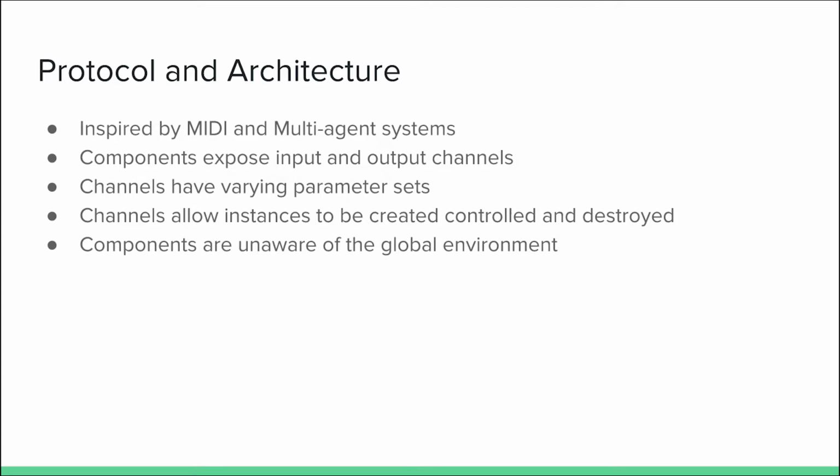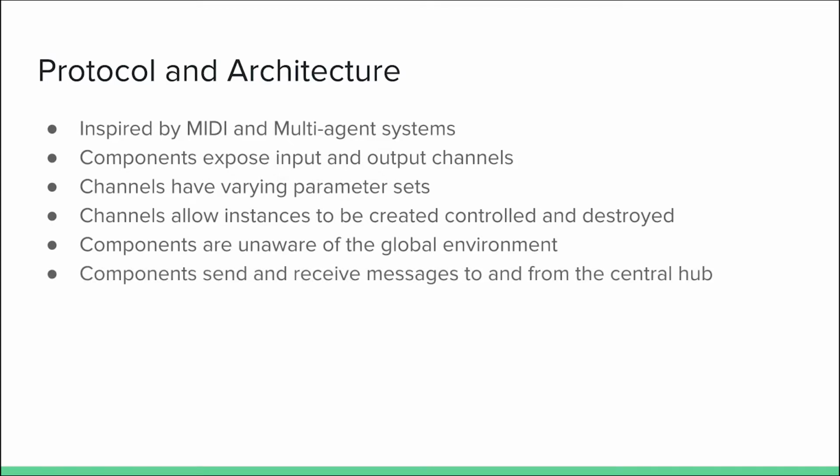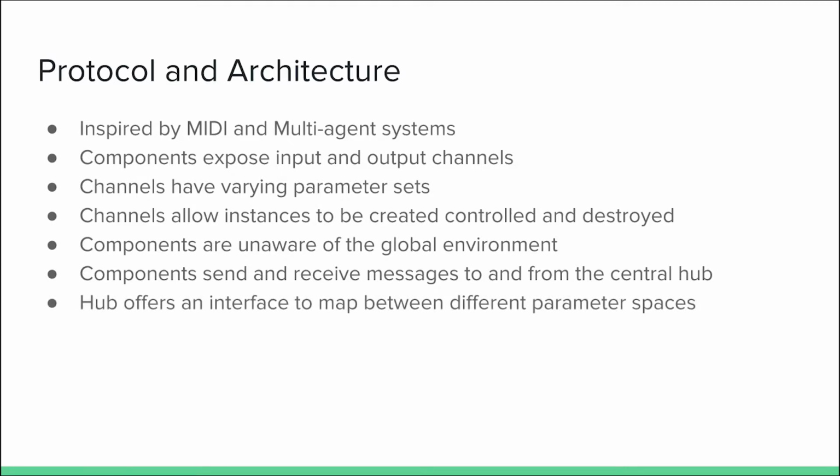And so they do this by sending and receiving messages to a central hub. And then this hub is responsible for creating mappings between mismatched parameter sets from different channels on different components, and is responsible for relaying messages from one channel to another.